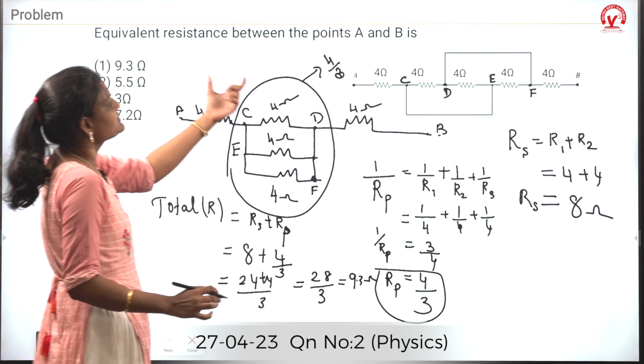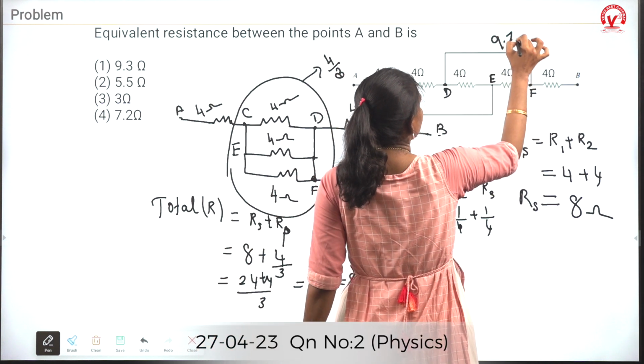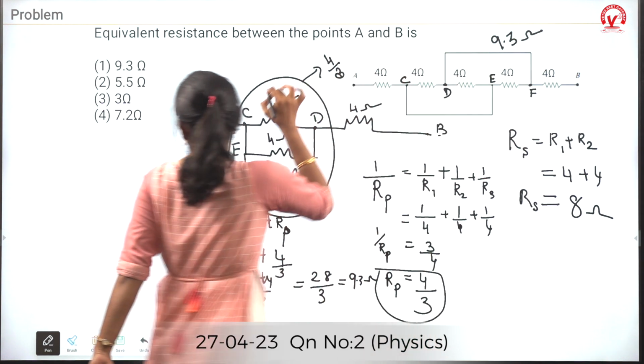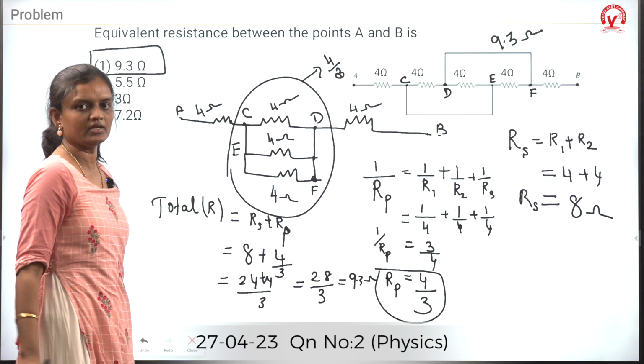So the equivalent resistance between the points A and B is 9.3 ohm. The answer is option 1, 9.3 ohm.